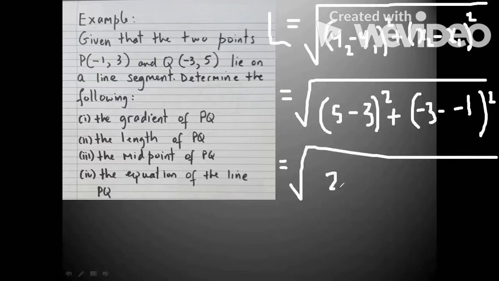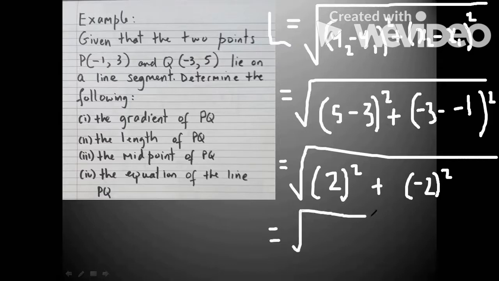So that's going to be 2 square, and we worked out this a while ago. That's going to be -2 square. All right, so 2 square we know is 4. Negative 2 square is also 4, positive 4. And we know that 4 plus 4 is 8.